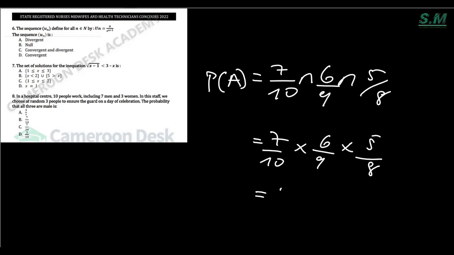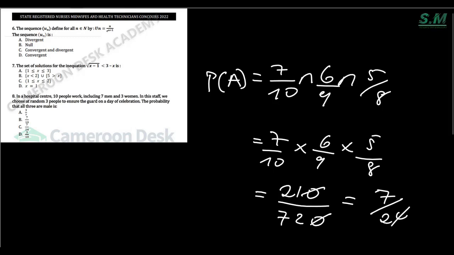So this gives you 210 divided by 90 times 8. 9 times 8 is 72, so you have 720. This simplifies. Now 3 can divide 21 7 times, and 3 can go into 72 24 times. So what is the correct option? The correct option is option C.